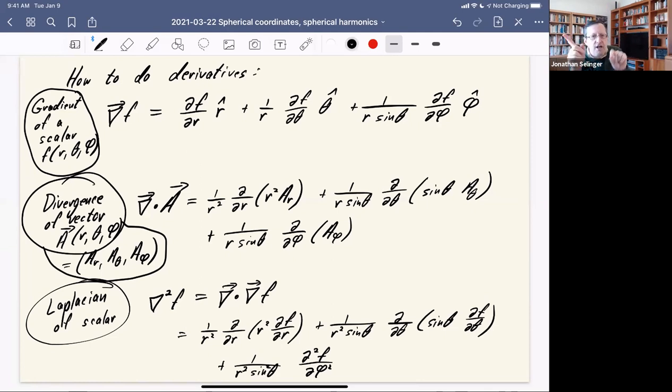R hat over here is pointing this way. Over here, it's pointing that way. And so you can't regard those unit vectors as constants the way you can regard x hat and y hat and z hat as constants.